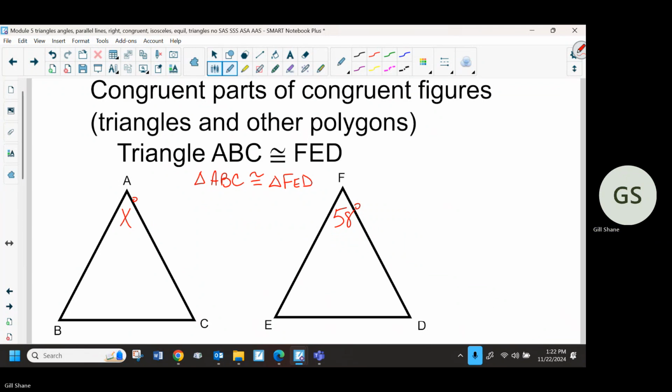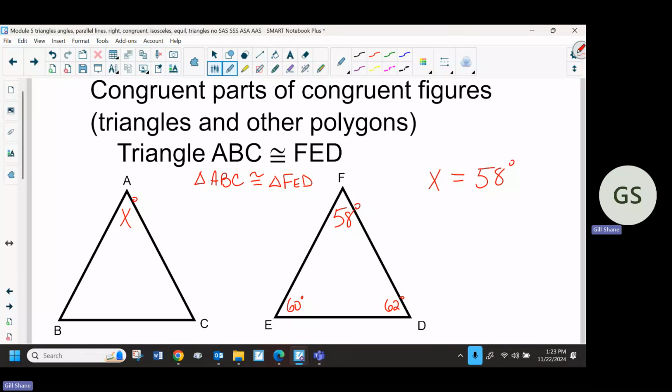Harder. What would X be? Same. We would say, okay, we just said there's a congruent corresponding angle.